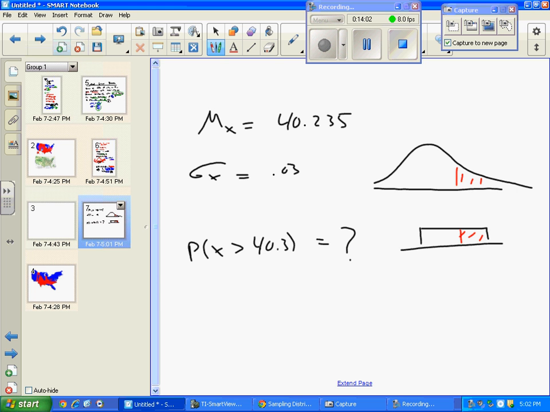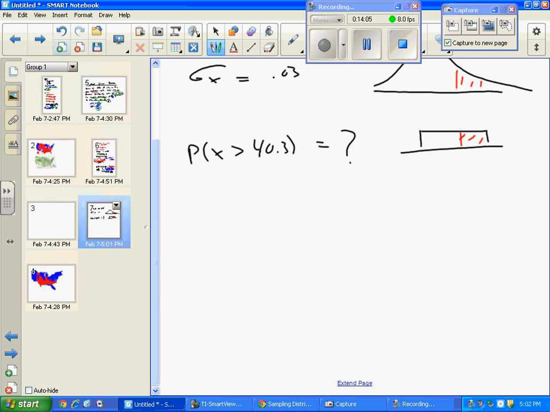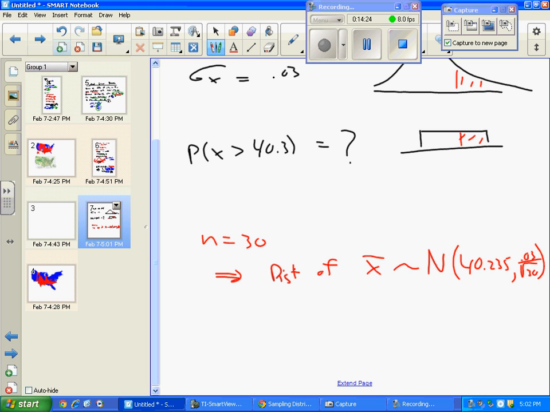However, if we take a large enough sample size, so suppose we take a sample size of n equals 30, then that would imply the distribution of x bar is approximately normal with a mean of 40.235 and a standard deviation of 0.03 divided by the square root of 30. And that's true by the central limit theorem. The central limit theorem can be proved, by the way, with calculus.